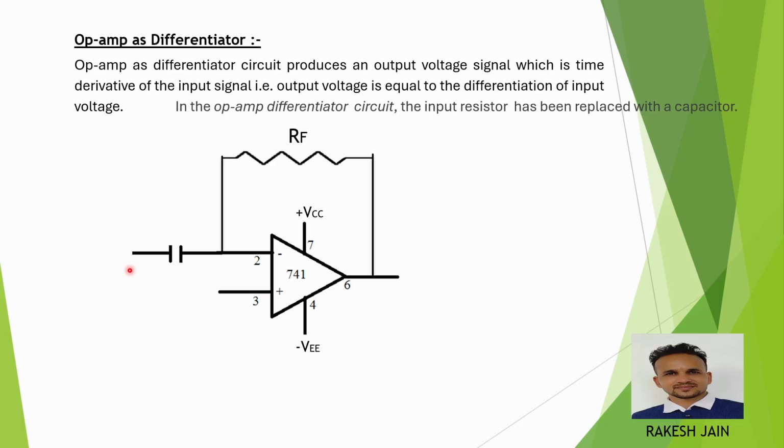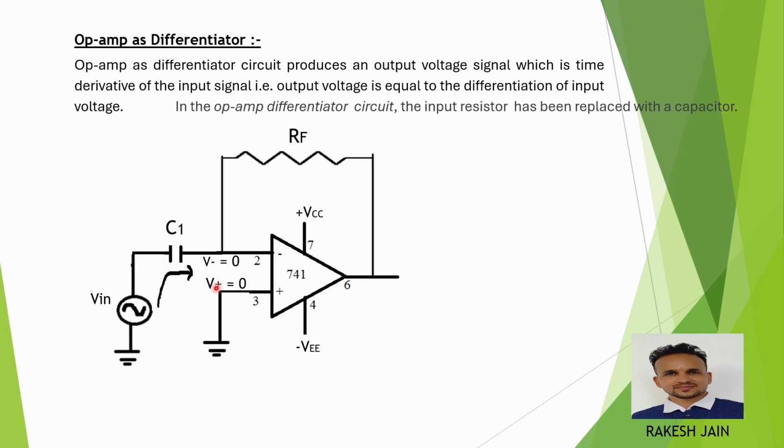So let a capacitor C1 be connected here in between pin 2 and the input, that is my V input. Pin 3, that is the non-inverting pin, is connected to ground. Let the non-inverting pin voltage be equal to 0; due to the virtual ground concept, this inverting input voltage is also equal to 0.